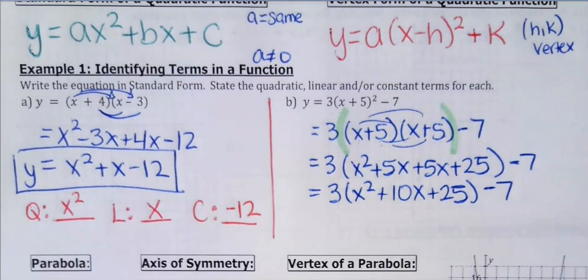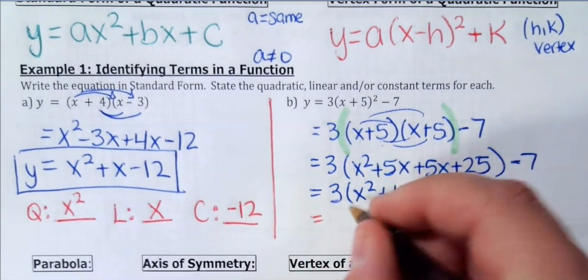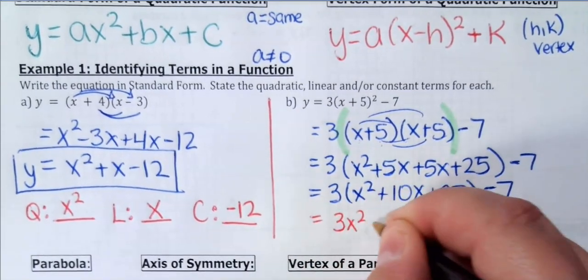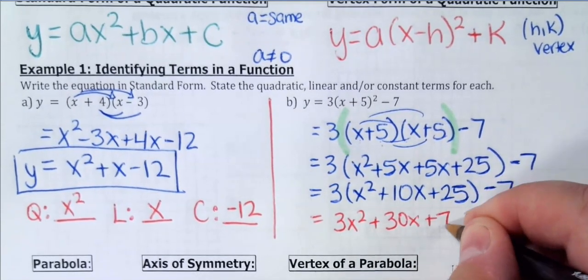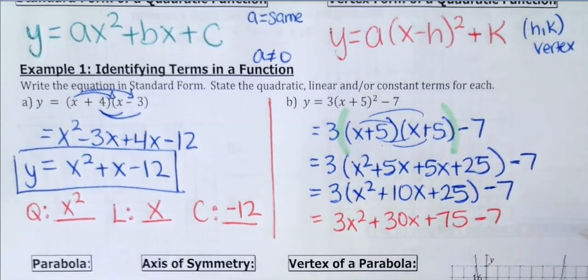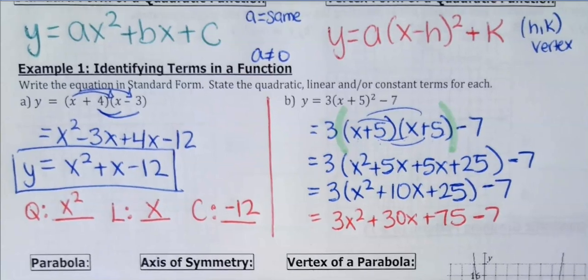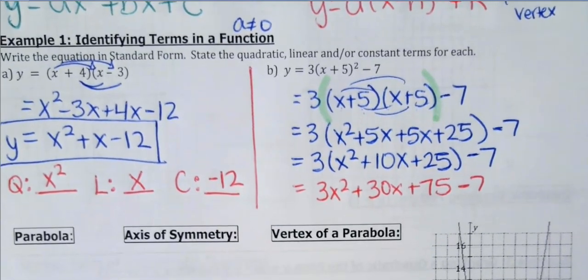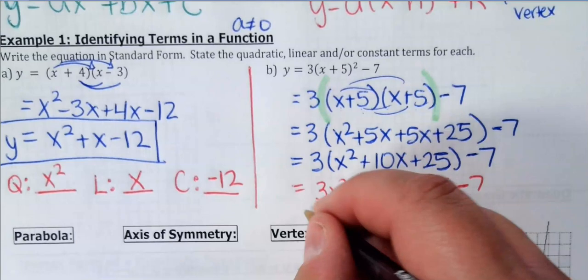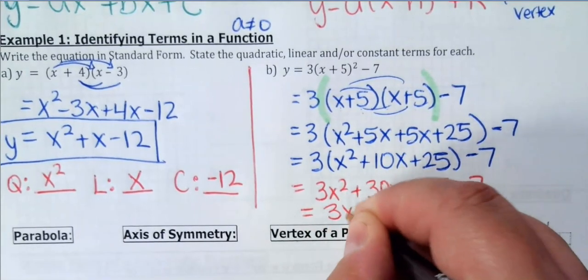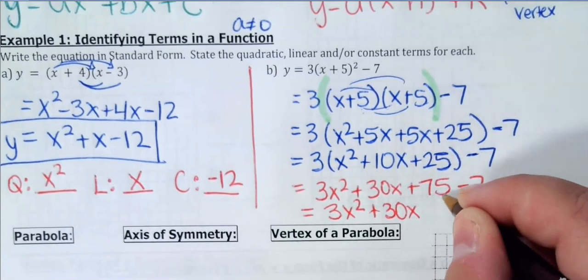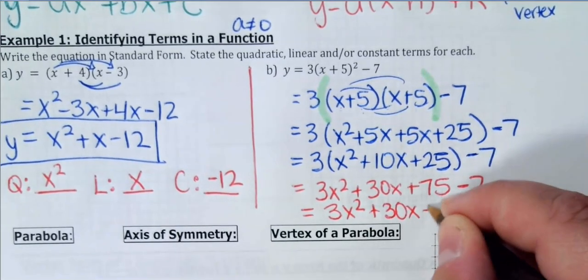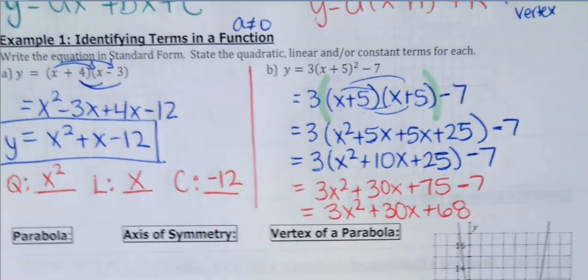So I get 3x squared plus 30x, just multiplying everything by 3, plus 75, and then I still have that minus 7. As the very last step, I combine the negative 7 with the 75. So in standard form, this would be 3x squared plus 30x, and then 75 minus 7 gives you 68.